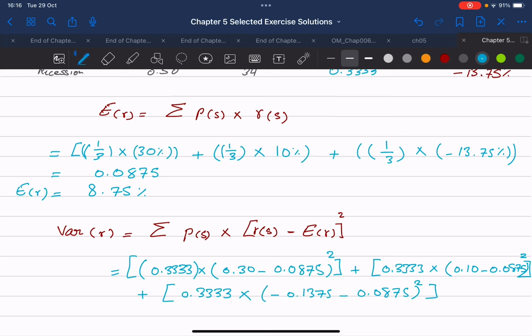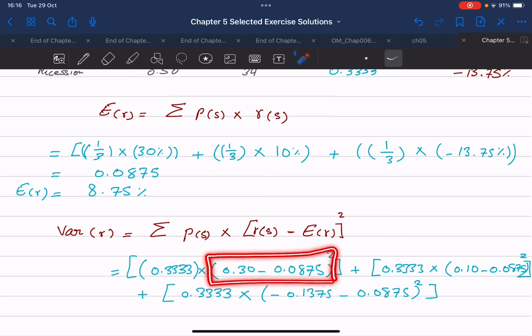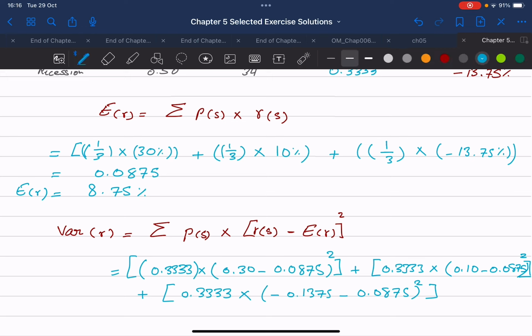Now we're going to have to calculate. Again, I would advise to calculate each term. I would also advise you to calculate this part first and then multiply it by the weight or the probability. Okay. So we'll see. I'll open a bracket on my calculator, 0.30 minus 0.0875, close the bracket, and then raise to the power of 2.